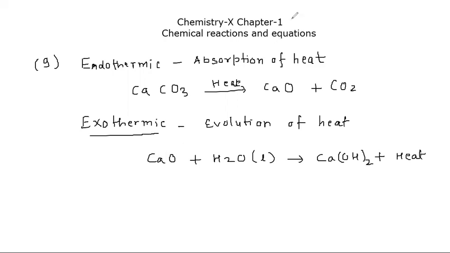Now let's take the next question, question number 10. Question number 10 says, why is respiration considered an exothermic reaction? Explain. So the answer to this question is, we know that during respiration, the air we breathe oxidizes the glucose and fatty acids that are formed due to the digestion.